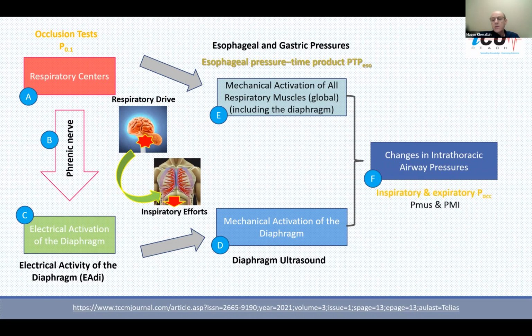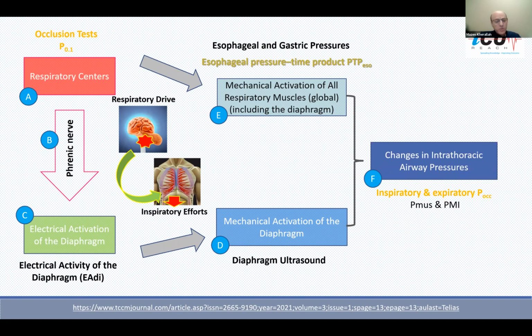And finally, for the changes in the intrathoracic airway pressure, we can do inspiratory hold and expiratory hold and get the occlusion pressures. This way we can estimate the muscle pressures and the pressure muscle index, PMI.